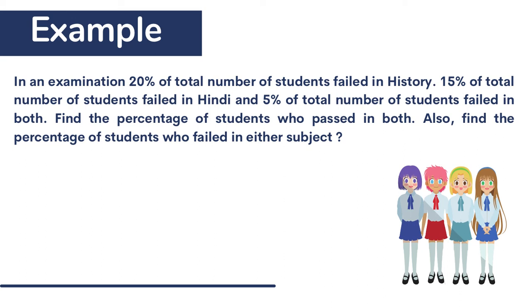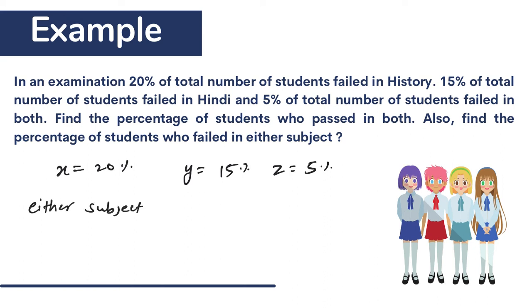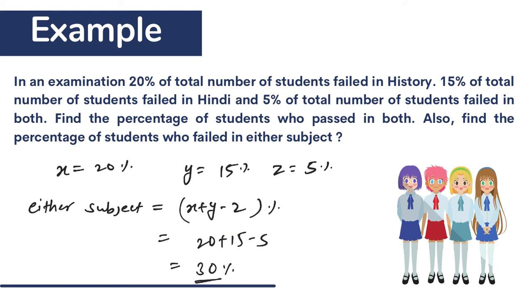So according to the formula, X equals 20%, Y equals 15%, and Z equals 5%. For failing in either subject, the formula is X plus Y minus Z percentage, which is 20 plus 15 minus 5, equal to 35 minus 5, which is 30%. So this is failed in either subject.